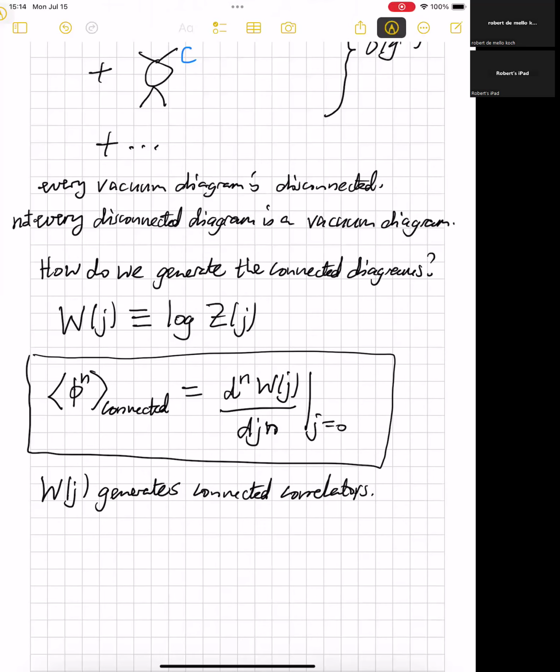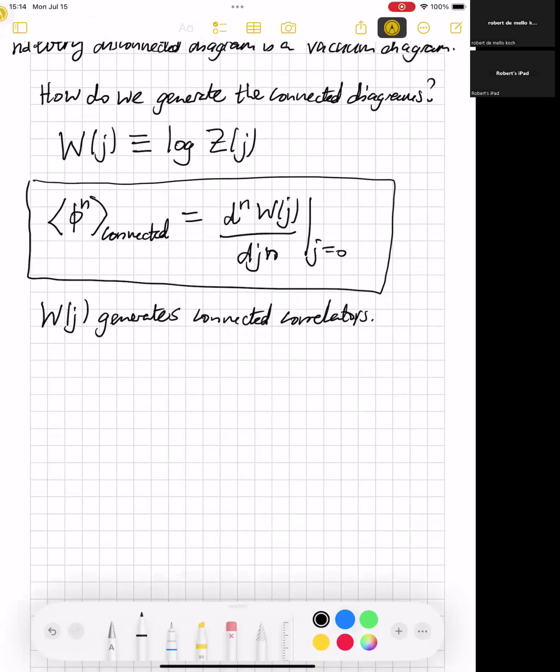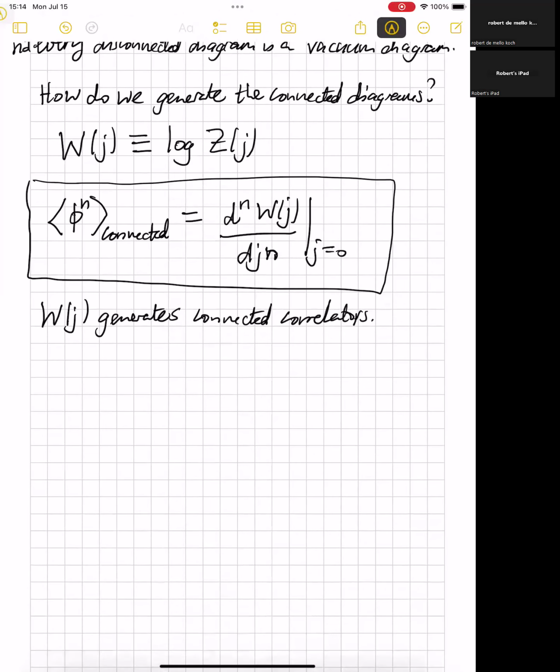But before we do that, let me point something out. This is something that maybe you are wondering about. We had two objects that generated the Feynman diagrams. We had Z of J and Z hat of J. And they only differed in a normalization. Z of J would generate all Feynman diagrams, including vacuum Feynman diagrams.